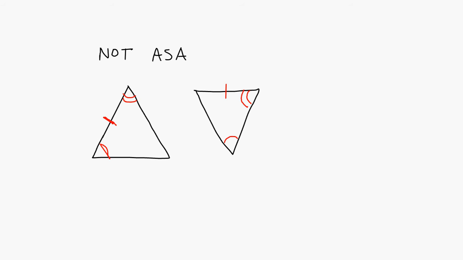Angle, included side, and an angle have to be congruent to an angle, an included side, and an angle. So these are not congruent by angle, side, angle. Can't use it. But if you put the other side on, I don't know how to explain it.